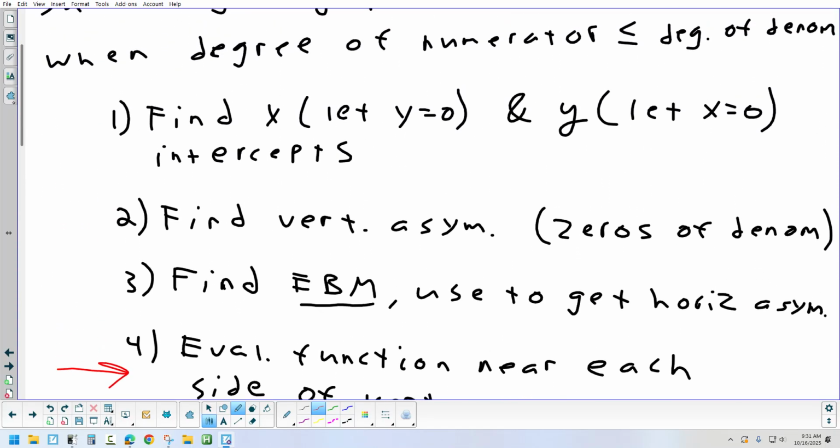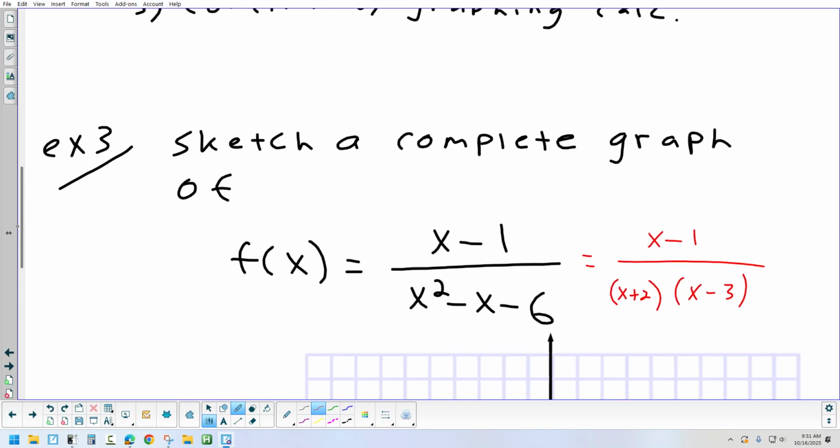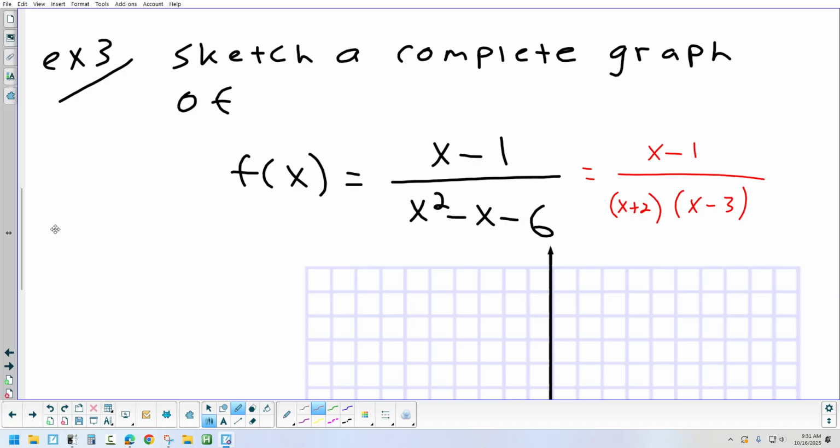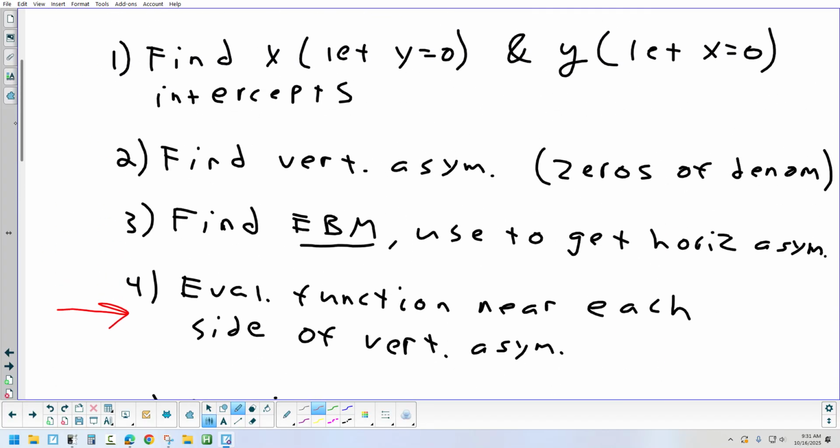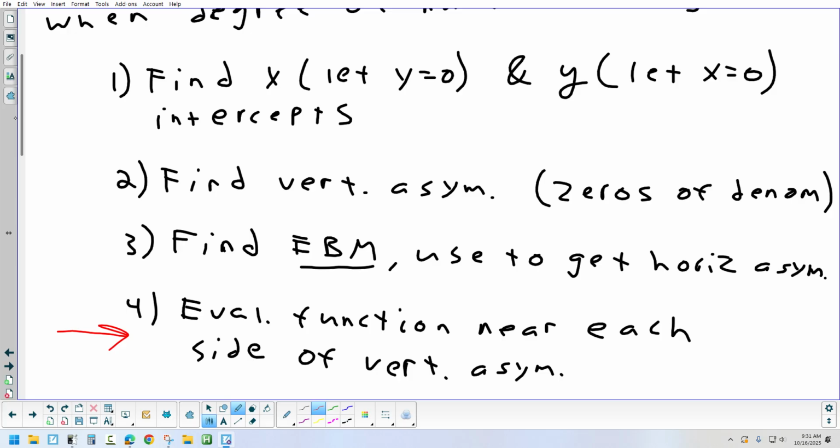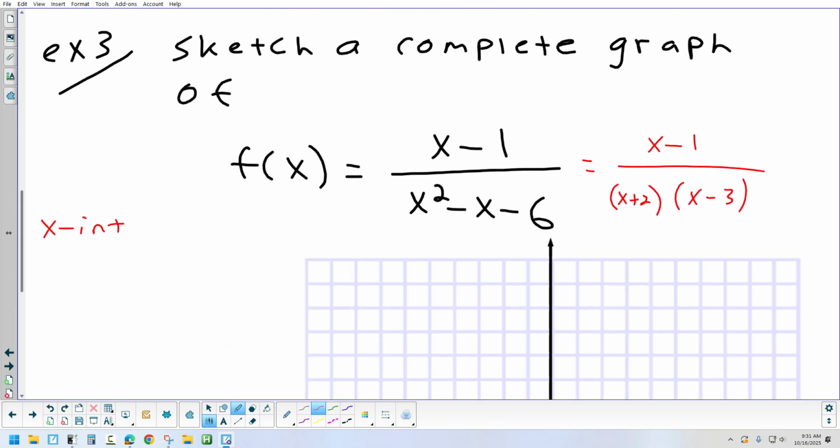Okay, so step 1, let's see if we can find some intercepts. To find the x-intercept, that's when you plug in 0 for y. This side, this is my y. If I set this fraction equal to 0, that will give me my x-intercept.